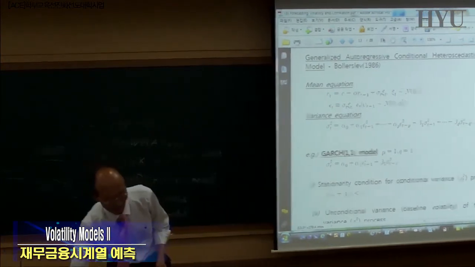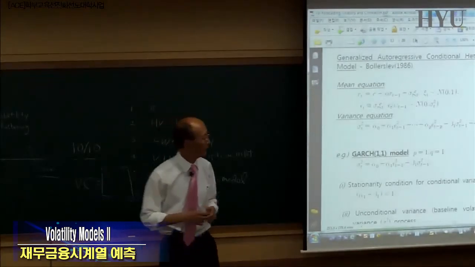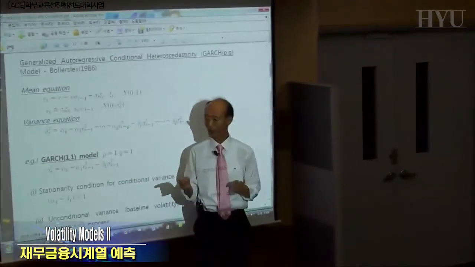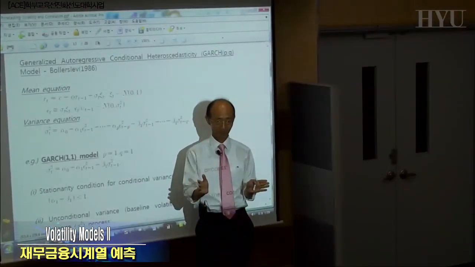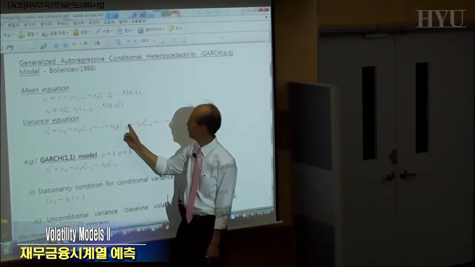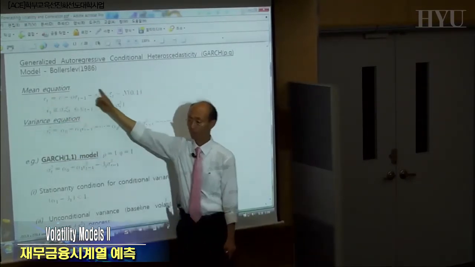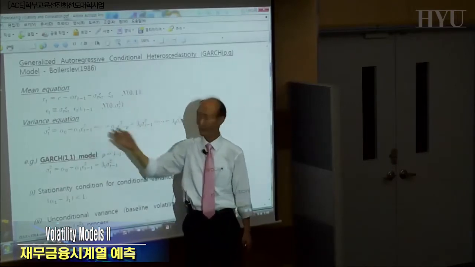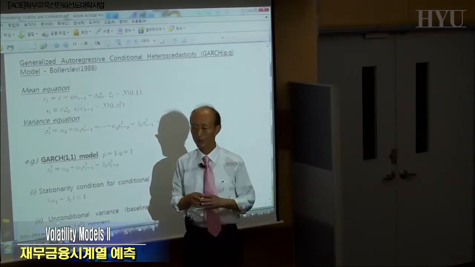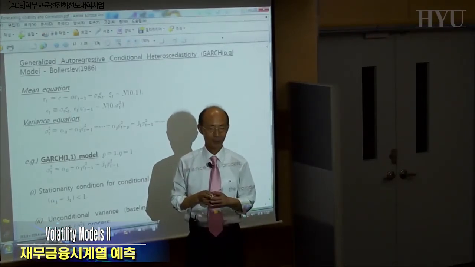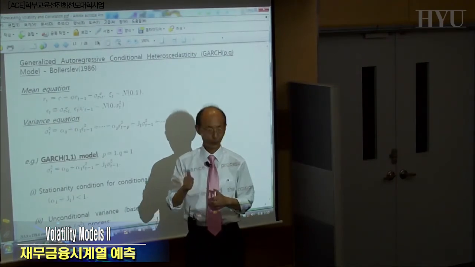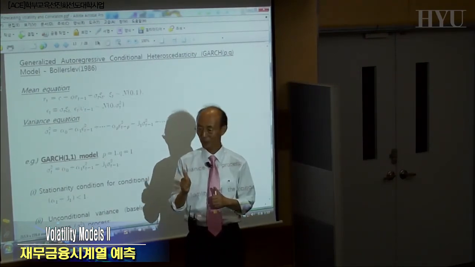But the thing is, someone who invented the wheel for the first time gets all the credit, right? So someone who invented the model up to this one, not this one, Robert Engle, he was awarded which award? Do you remember? Nobel Prize.